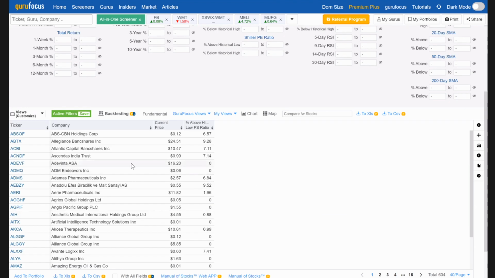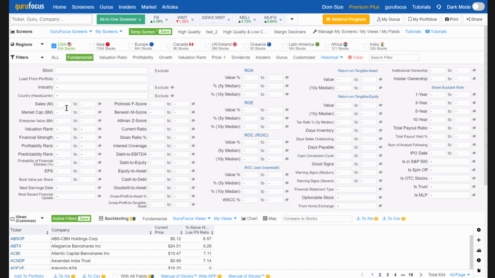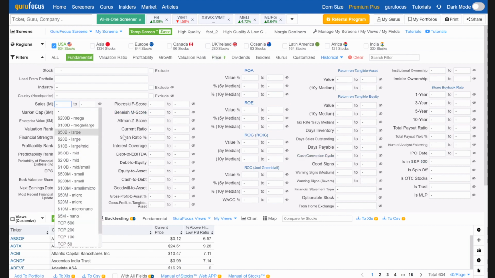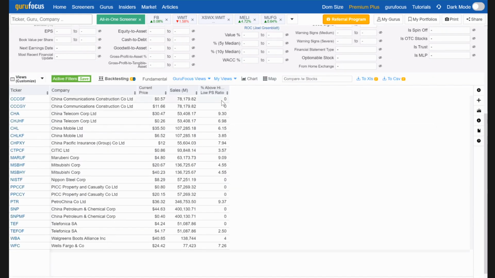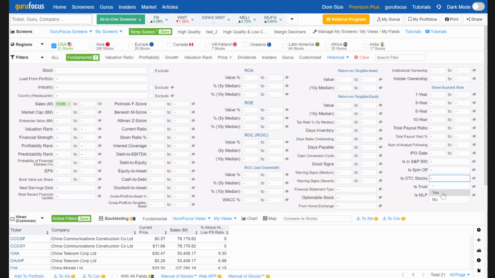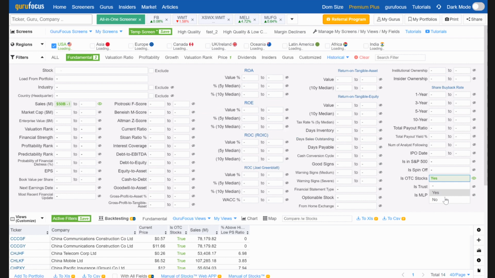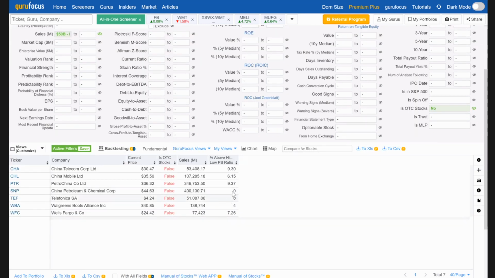Some numbers are strange, but you can select if you limit your search to maybe larger companies. Yeah, here it says 0% above the historical PS ratio, if I don't want these OTC stocks. It means that it is at the historical PS ratio low.